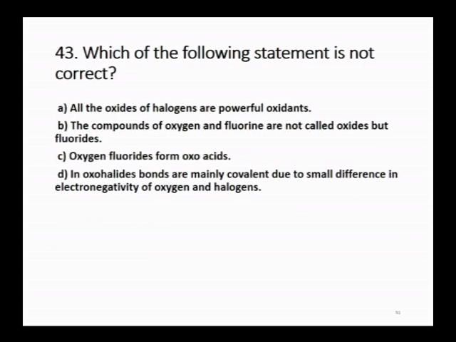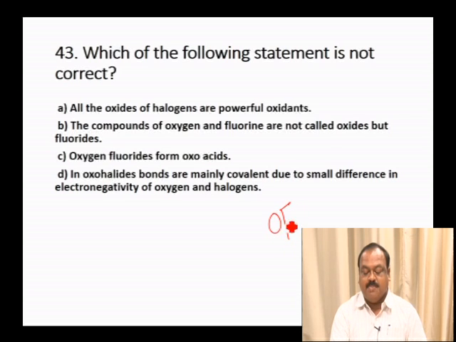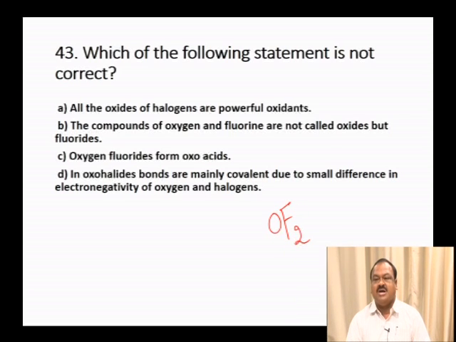Next, which of the following is not correct? All the oxides of the halogens are powerful oxidants. Correct. The compounds of oxygen and fluorine are not called oxides but fluorides. For example, when a compound is OF2, oxygen difluoride, it is not called an oxide. It is called a fluoride.